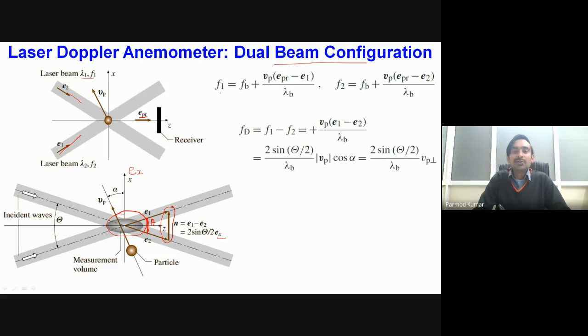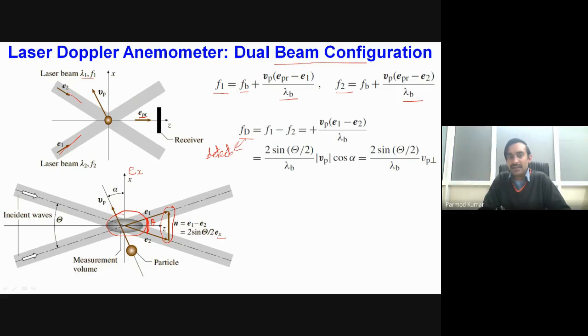Here, the frequency of the first wave is equal to the frequency of the incident beam plus Vp times EPR minus E1 divided by lambda V. Then the second frequency, after the Doppler shift, is the incident frequency plus Vp times EPR minus E2 divided by lambda V. Finally, if we take the difference of these two frequencies, F1 minus F2, that is our main signal which will be detected.